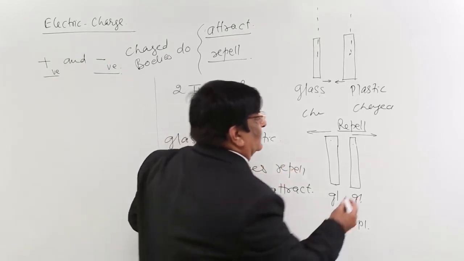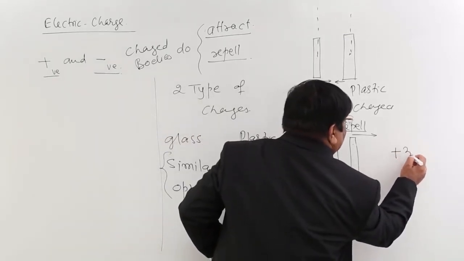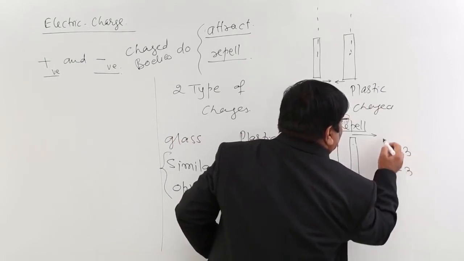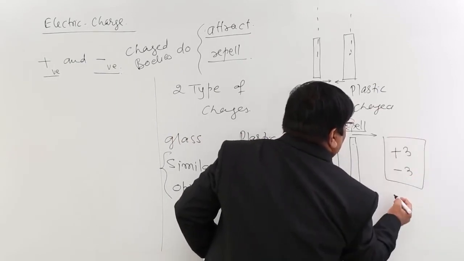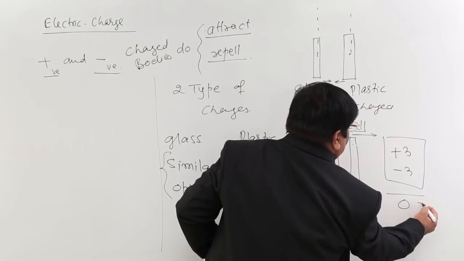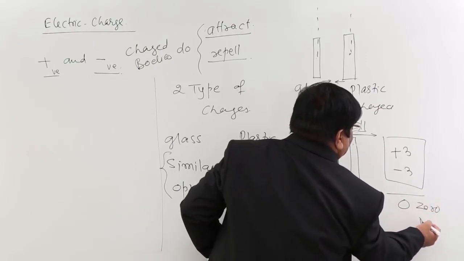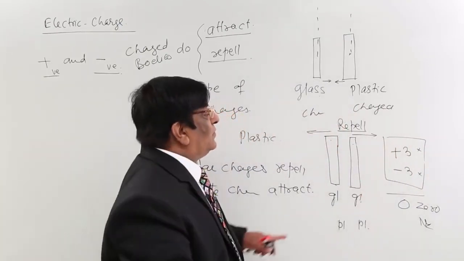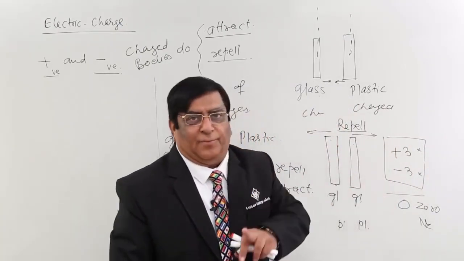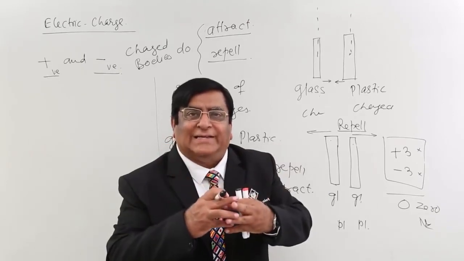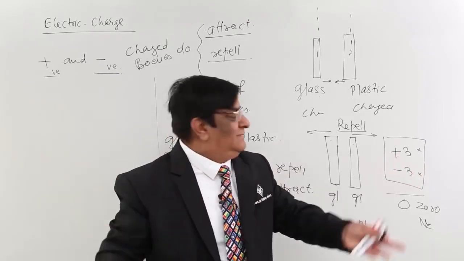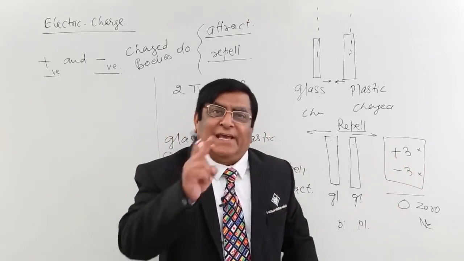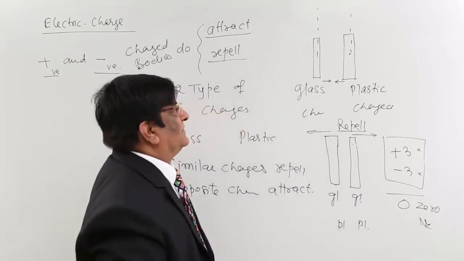Add two things: one is plus 3, one is minus 3. Add them, what do you get? 0. Nothing. Neither this remains nor this remains. So in mathematics we have a phenomenon where two things are added and both vanish. Nothing remains. The same thing we have seen in the charges.